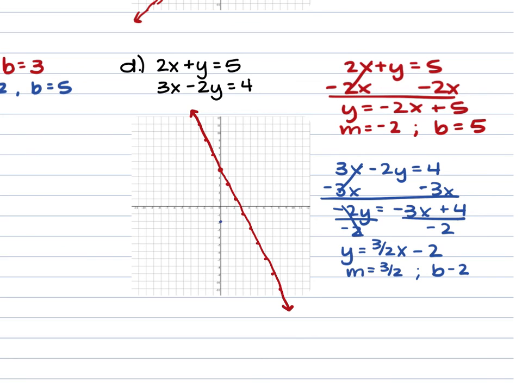So on our y-axis, we're going to plot the first point at -2. Then from there, we're going to go up 3 to the right 2. We're also going to go down 3 to the left 2.